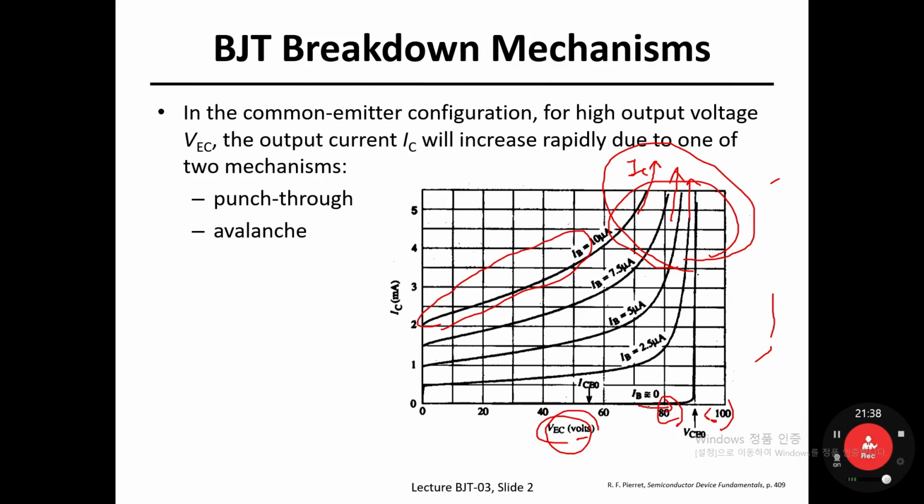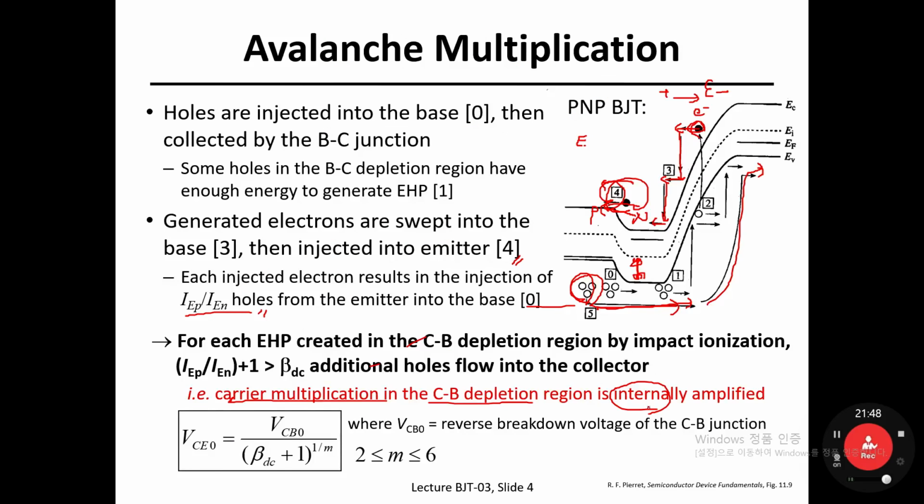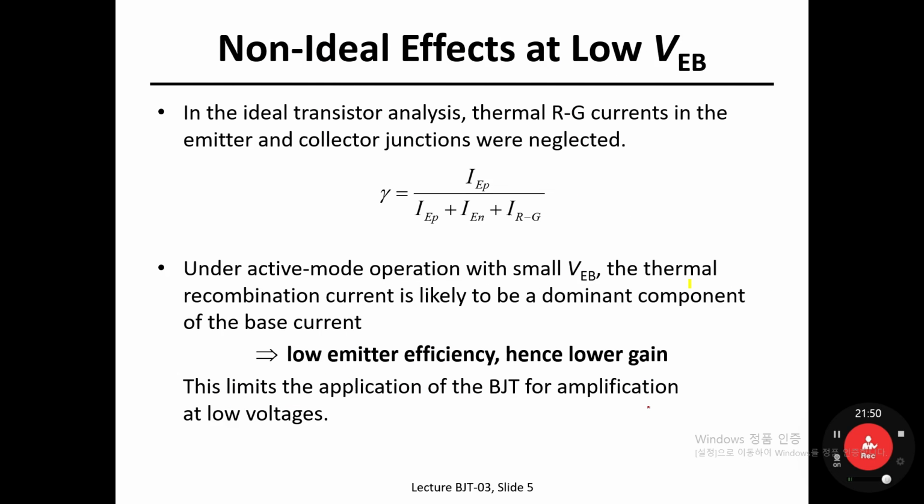So we have gone through the BJT breakdown mechanisms. Again, there are two mechanisms: punch through and avalanche. All right, let's switch gears slightly and take a look at the non-ideal effects in BJT. Let's review the non-ideal effects in PN diode. How many non-ideal effects did we learn?